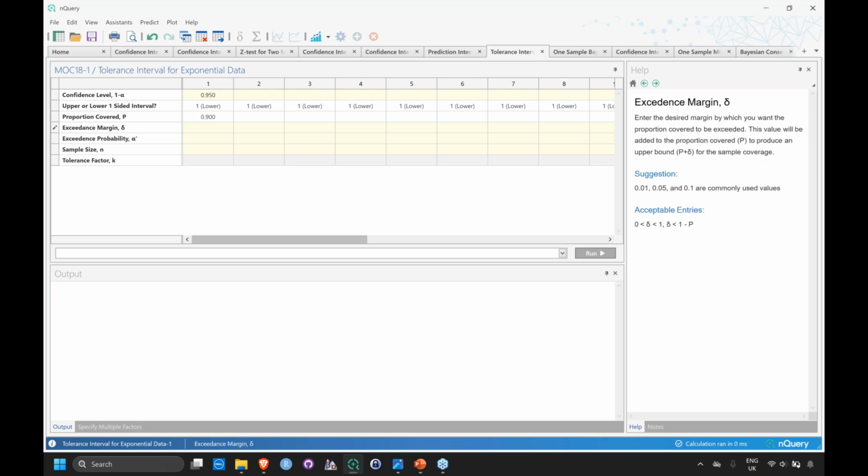In addition to this, we want an exceedance margin of 0.05. So as well as covering the 90%, we want an upper bound of 95% for the sample coverage. In the one-sided case, we'll just add the 5 to the 90 to get 95%. And then the probability that the coverage exceeds this upper bound is 5%, so 0.05 again here.